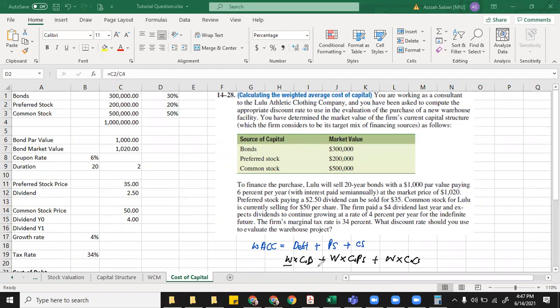So the W here is the weightage of this one. So basically we already have that figure ready.